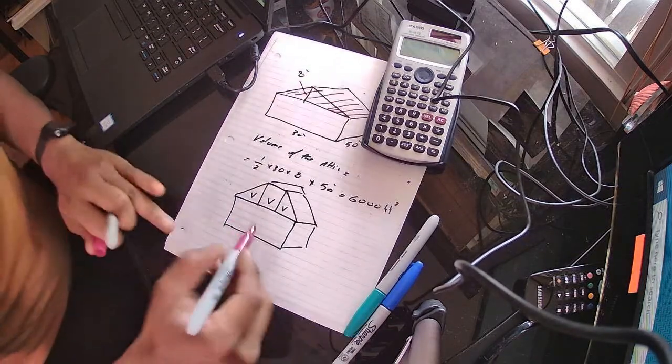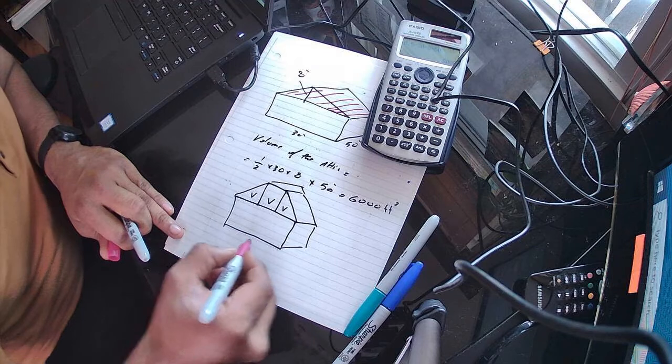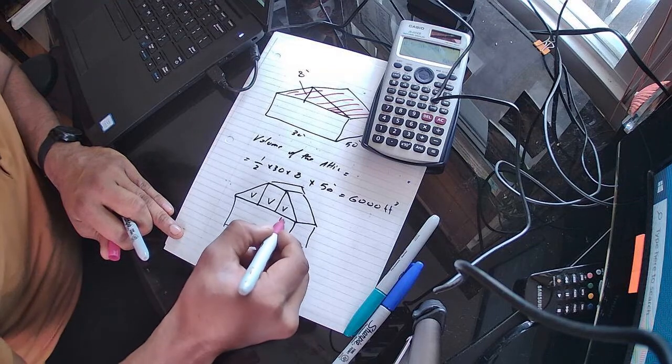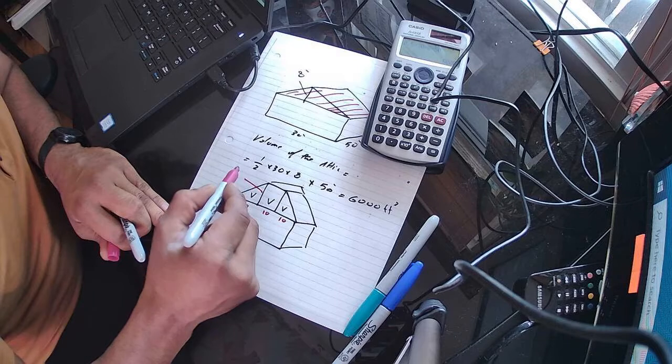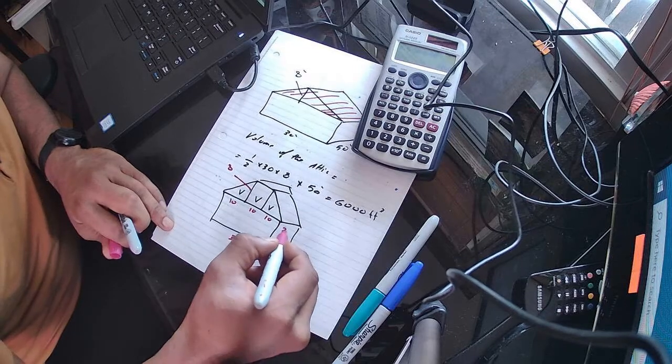So let's give it some dimensions. Let's say this is 30, and this here is 10, 10, and 10, and the height here is 8, and the depth is 20.